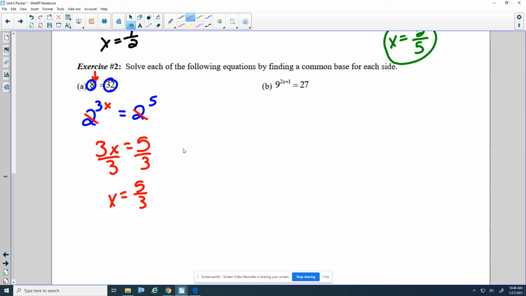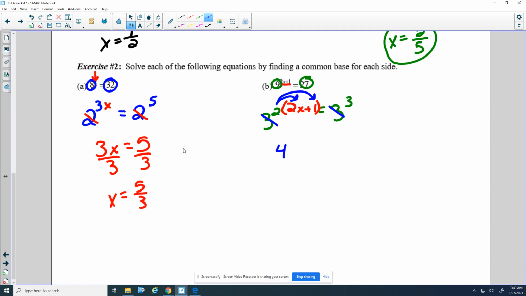Looking at the next one, 9 and 27, and this is why it's important to know those powers. You need to have an idea, 9 and 27 are both powers of 3. So 9 is equal to 3 squared. 27 is equal to 3 to the 3rd. And then we're going to bring down the next one, and something's going to happen a little different with this one. Because we have a binomial exponent here, I have to distribute and multiply both terms by the 2.